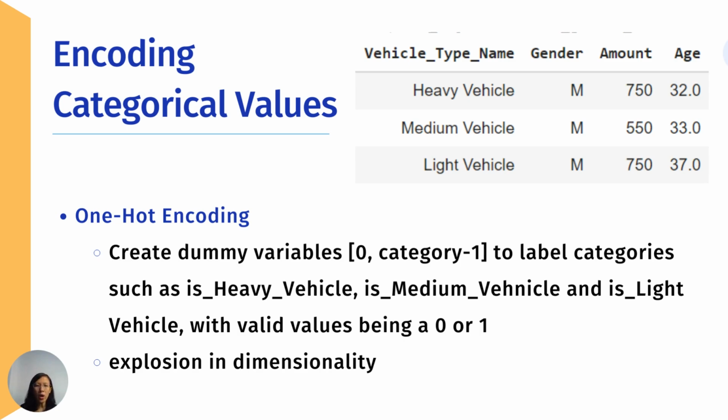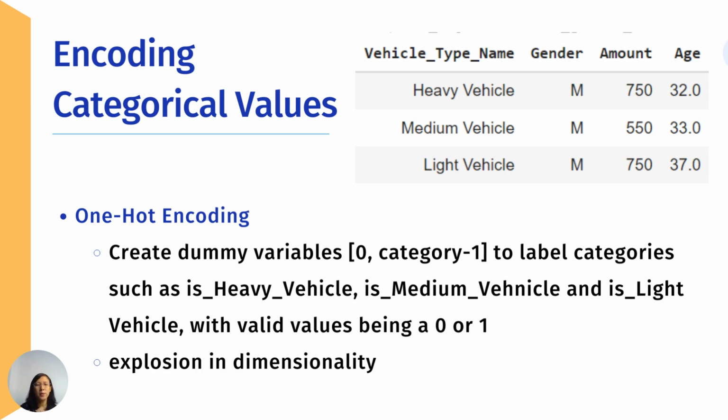Okay, so the one-hot encoding method creates dummy variables. Dummy variables, all right. So here, for example, we have three vehicle types. It will create three dummy variables. Then each of them will have values of 0 and 1.